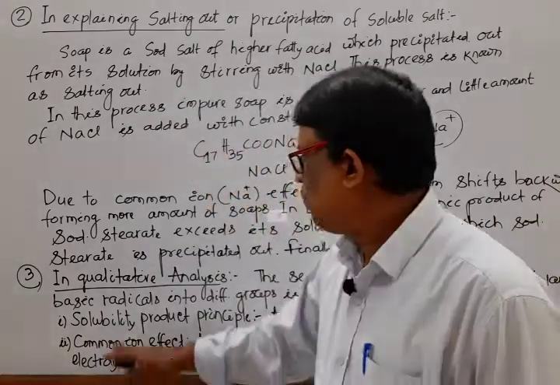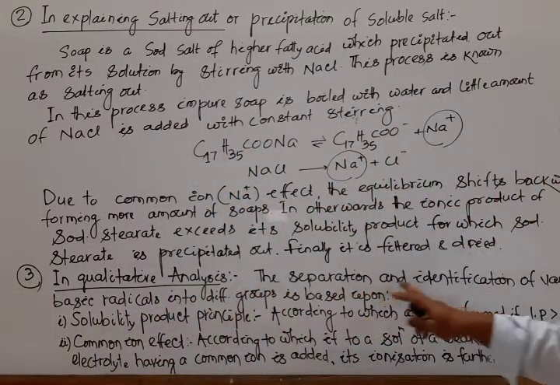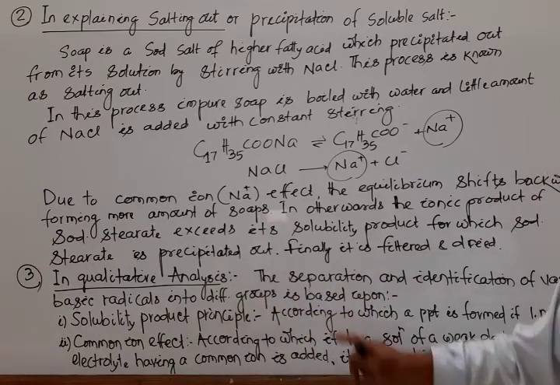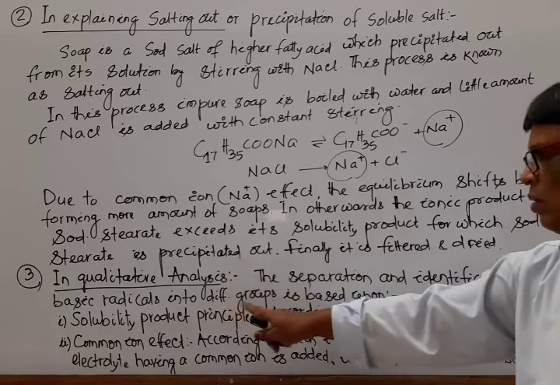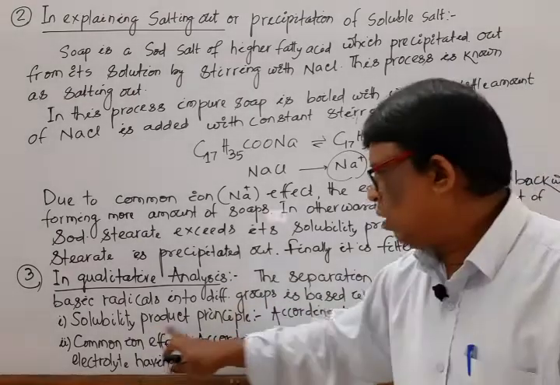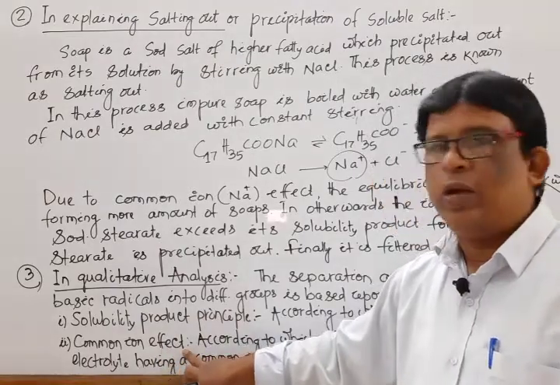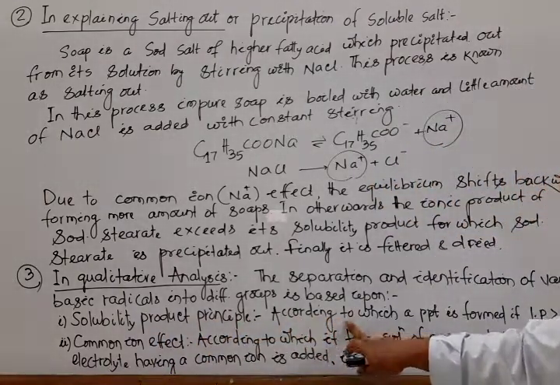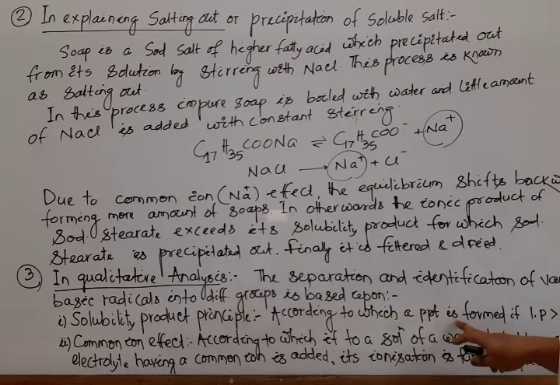Mark that. The separation and identification of various basic radicals or ions into different groups is based upon two factors: one is the solubility product principle, and one is the common ion effect. What is the solubility product principle? According to this principle, a precipitate is formed if the ionic product exceeds its solubility product.